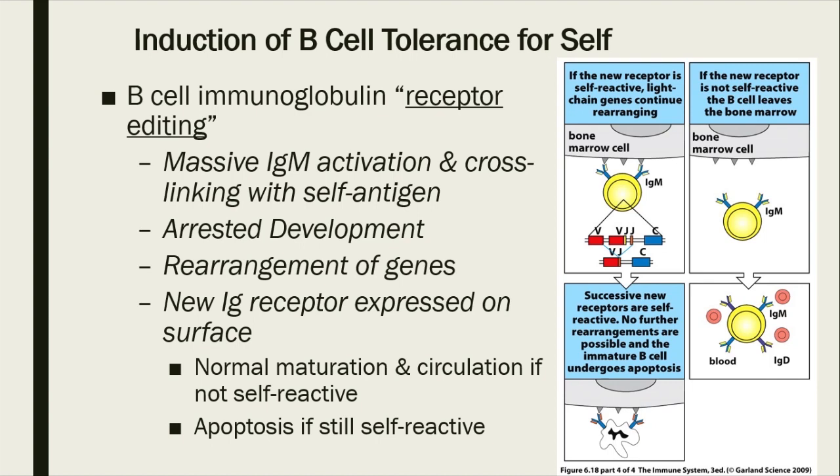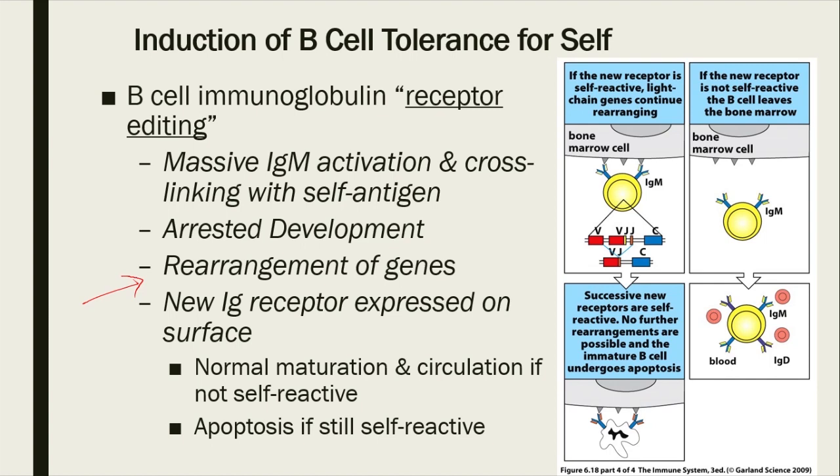In this process, usually what happens first is there is a massive IgM activation and cross-linking with the self-antigen. At that point, the B cell stops its development. It's not going to develop further, and goes through gene rearrangement, generating new light chains.